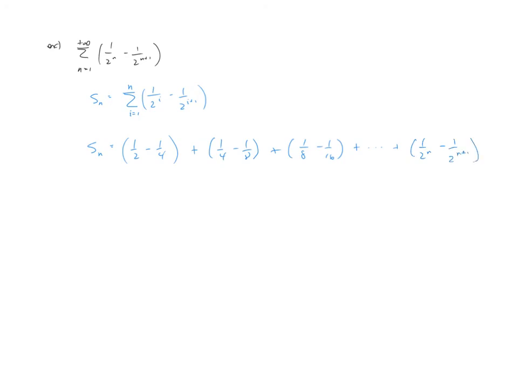All right, so now this is called a telescoping series, and it's because it's collapsing in on itself like a telescope might. You can see that the 1/4 being negative and the 1/4 being positive go away. Same thing there. And if we were to continue, you would also notice the same pattern.